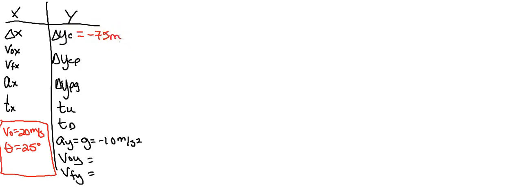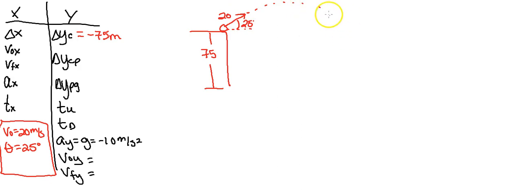So we have our cliff, this is 75, there's our object, there's our initial of 20, that's our angle of 25. The projectile is going to go up and then come down, something like that. So that's the shape of the object.